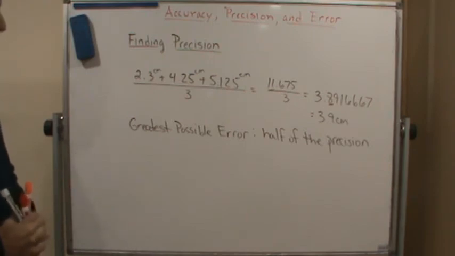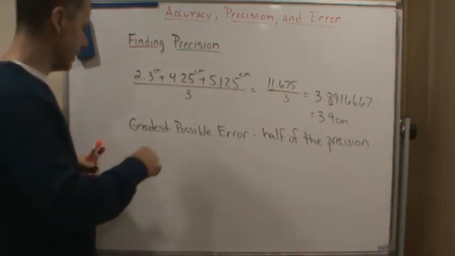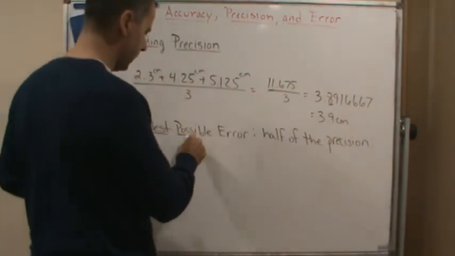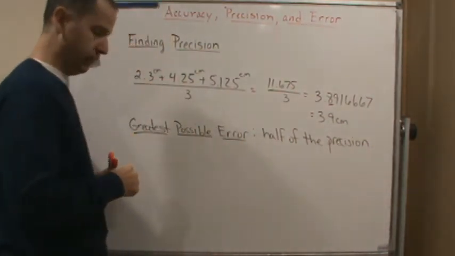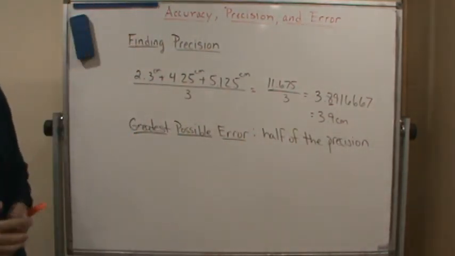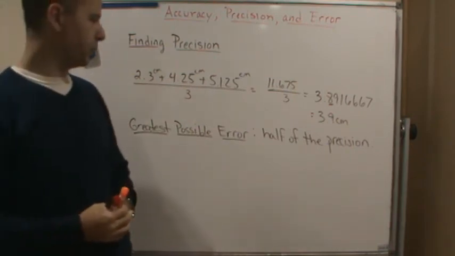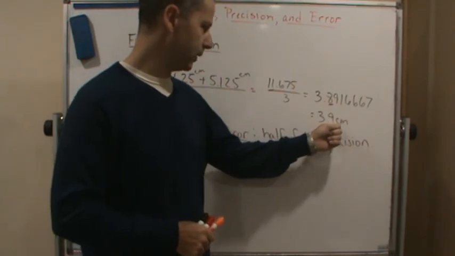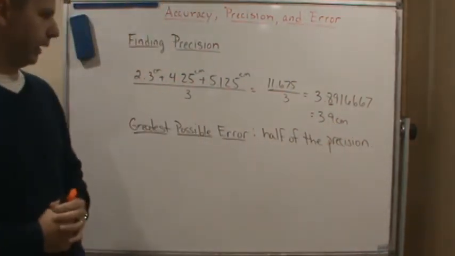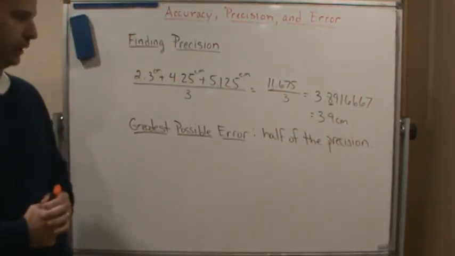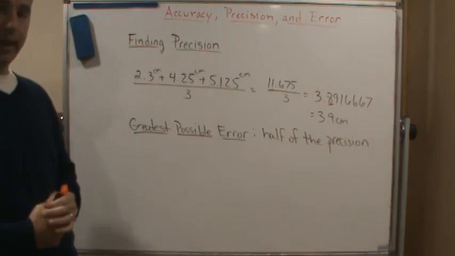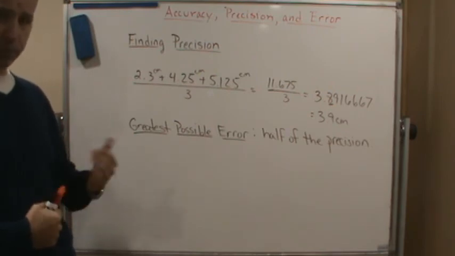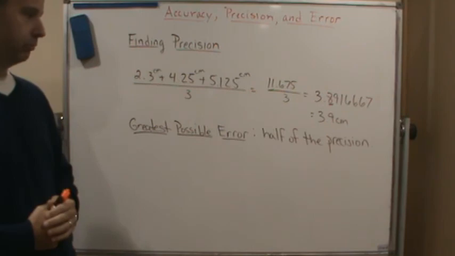So there's an example. Now, what about the greatest possible error? Well, the greatest possible error is directly related to the precision of the measurement. It's half. Once you find the precision, in this case the precision of this measurement is to the tenths place, so the greatest possible error would be plus or minus 0.05.